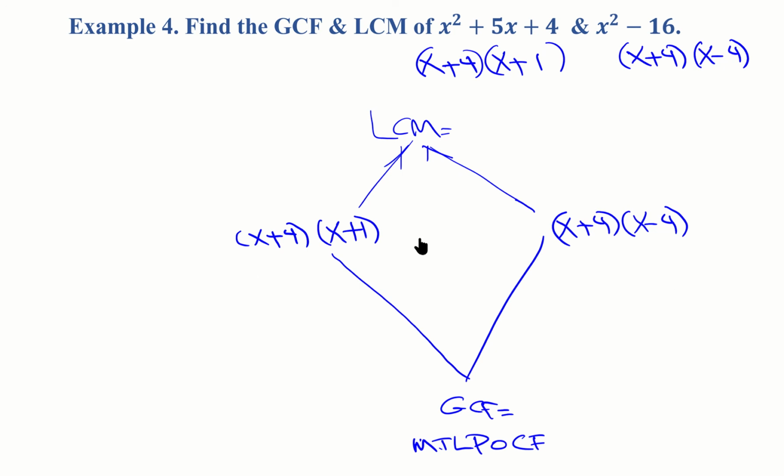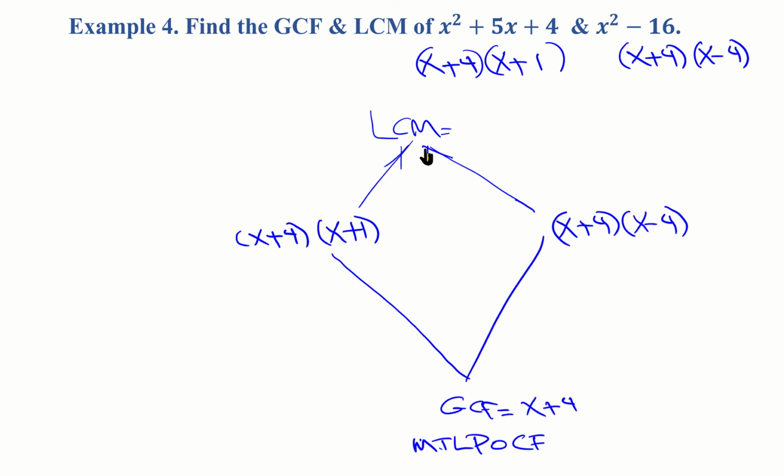So we notice that the only factor in common is the x plus 4. So those others are not going to be part of the GCF. There's only going to be the x plus 4 involved. And which power of it? Of course, just the first power. So in other words, there it is. That's all the greatest common factor is, the x plus 4.